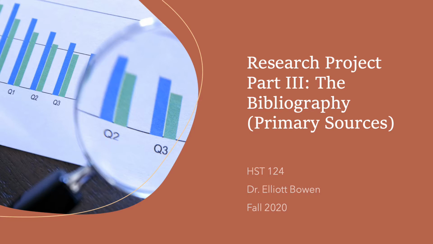Well, in order to complete this project, you want not only secondary sources, but also primary sources. So in this video, I'm going to talk about what primary sources are and offer some tips as to how you might best locate some that suit the nature of your project, whatever it is.